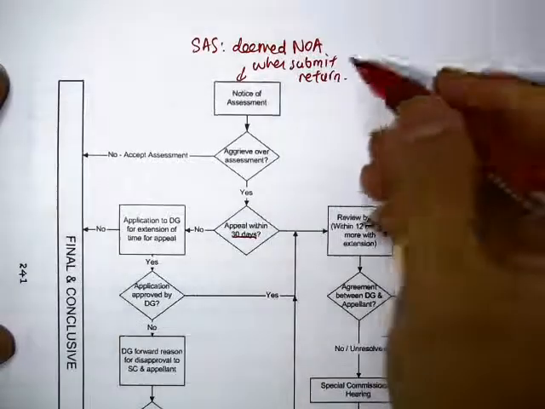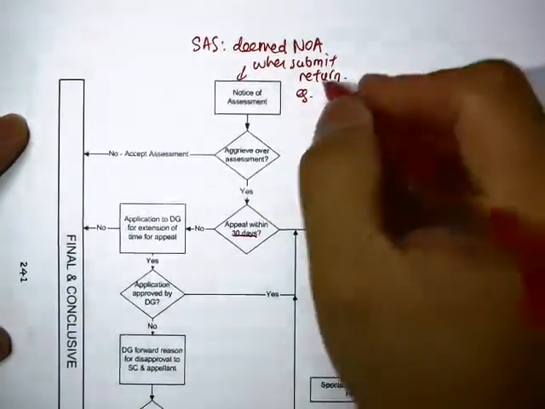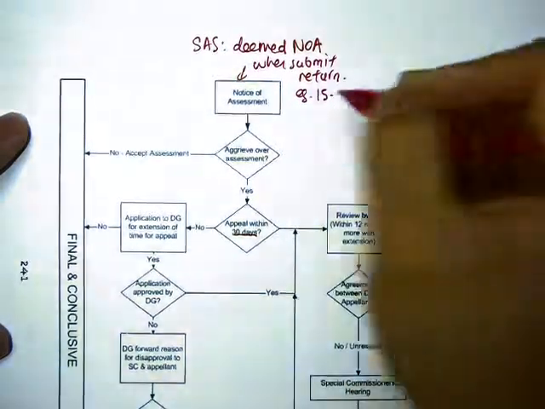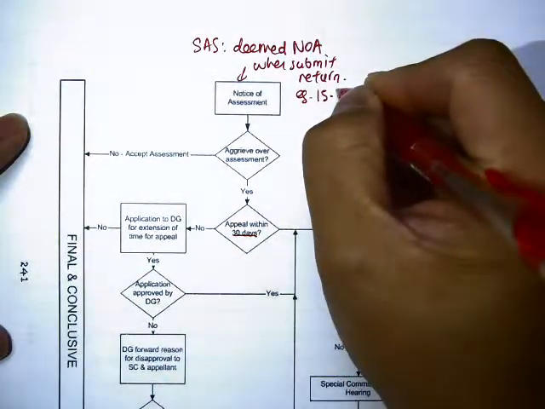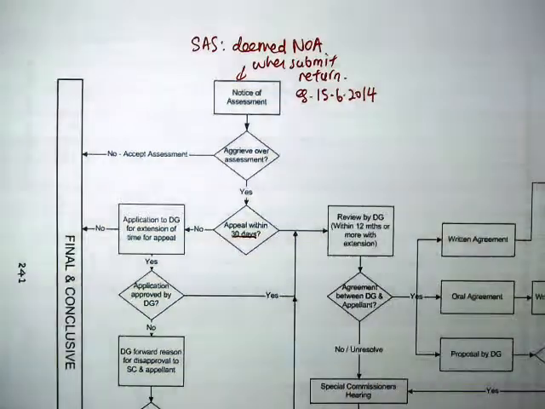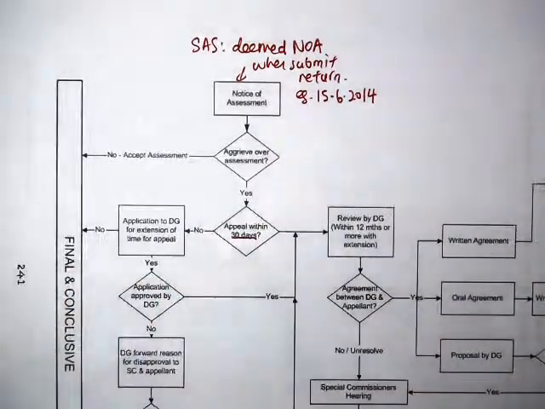So let's say, for example, the date of the deemed notice of assessment is the 15th of June 2014. You submit on the 15th of June. So you're going to count: 16 is 1 day, 16, 17. So June you have 30 days.